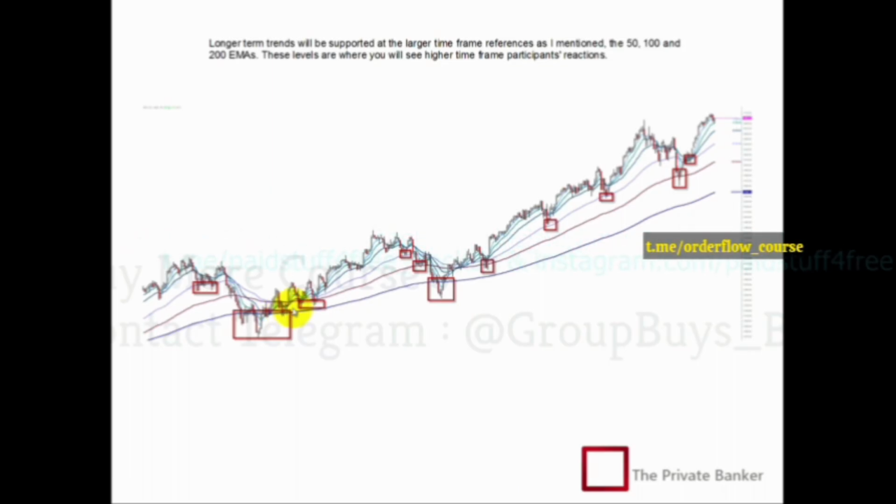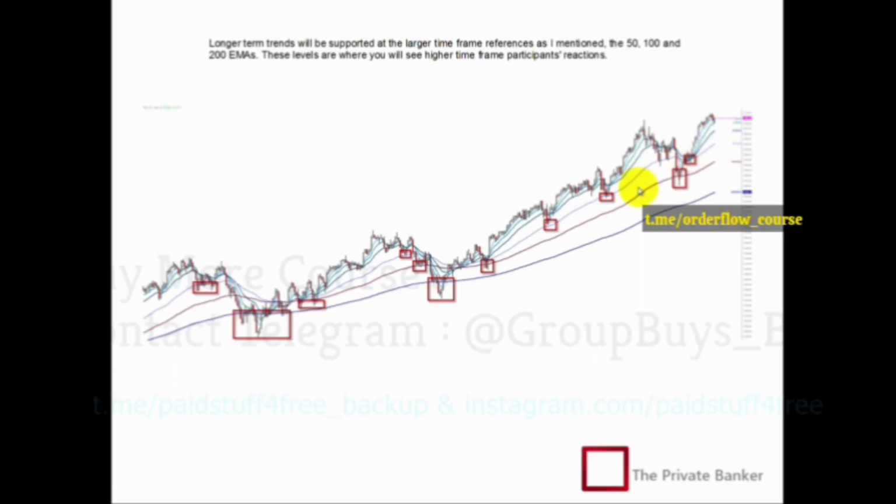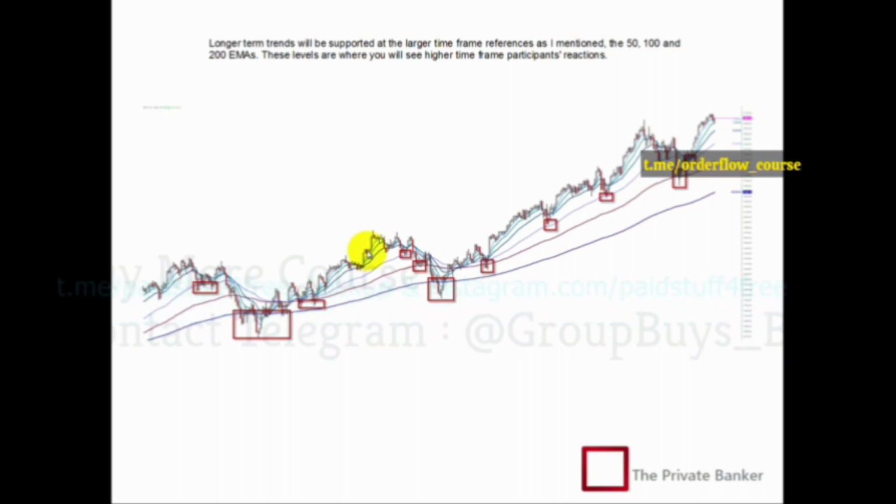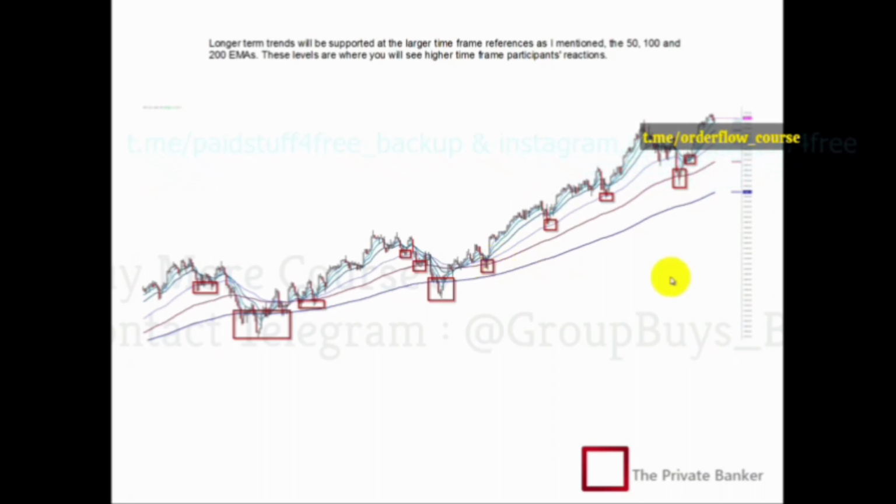We see that again right here. We see them step in again, and we just see this over and over. So this is evidence that longer term traders are seeing value in buying price at these lower levels, stopping the shorter term trend and resuming the longer term trend. Very important information, and these higher time frame references are obviously very powerful.